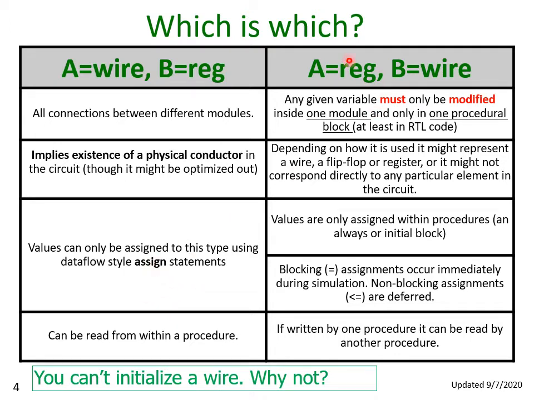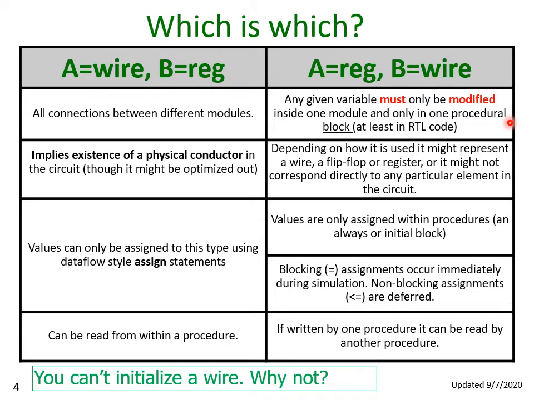Now, in the other column, we have a description of the way variables are treated, or reg types. So a variable should only be modified inside one module and inside one procedural block, which in a way is similar to the advice in other programming languages that you don't want it to act like a global variable being assigned from many different places.